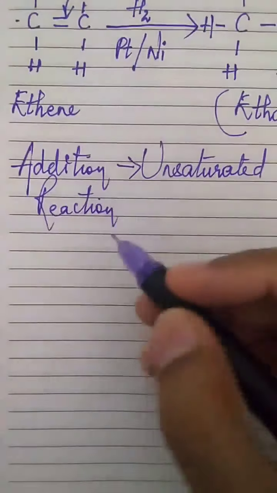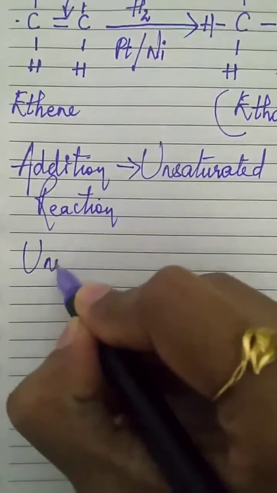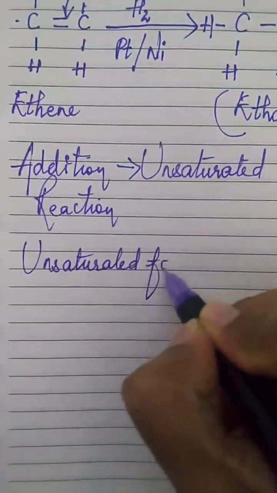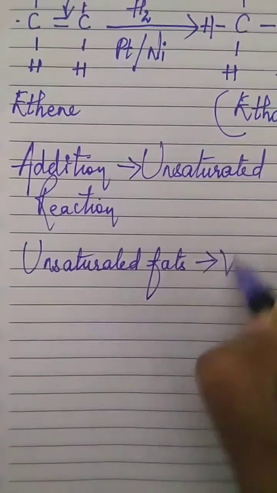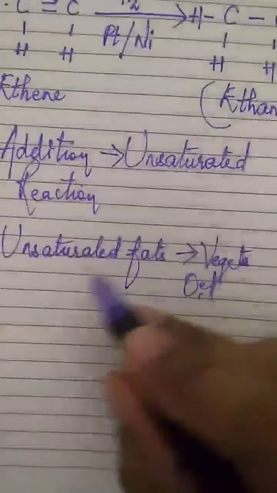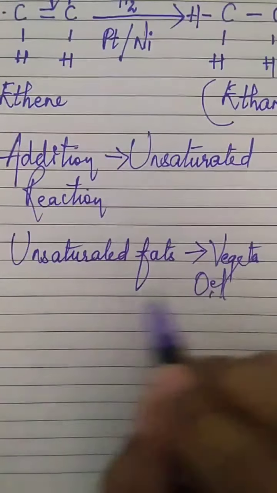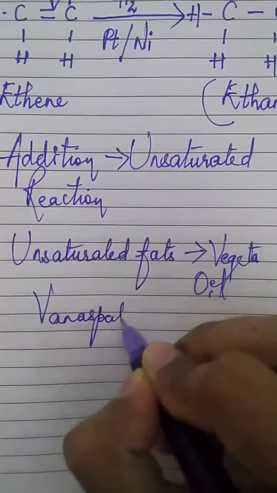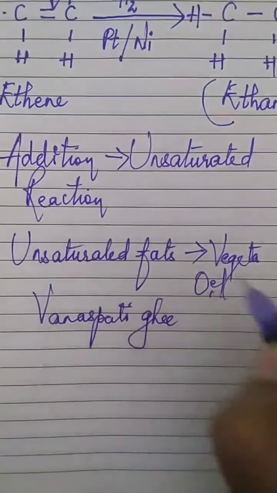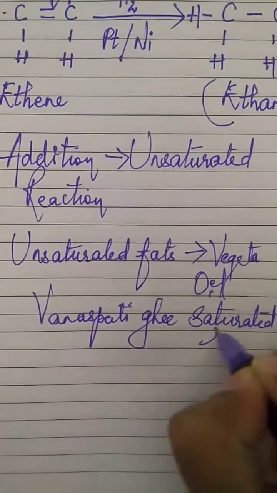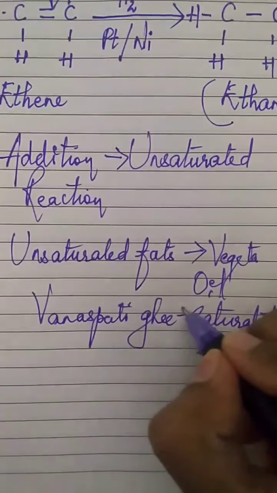One more thing that you have to remember is unsaturated fats. Unsaturated fats are good for our health, and these unsaturated fats are present in vegetable oil or sunflower oil, whereas Vanaspati ghee contains saturated fats, which is not good for our health.